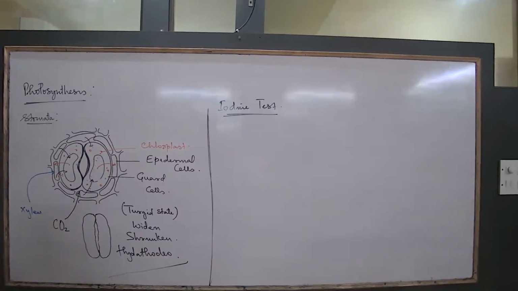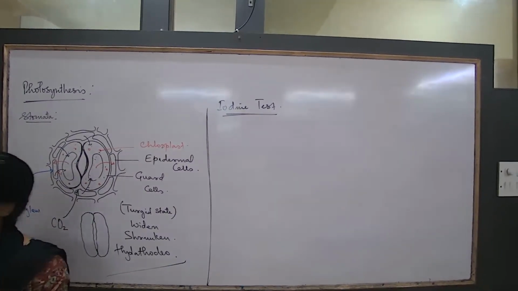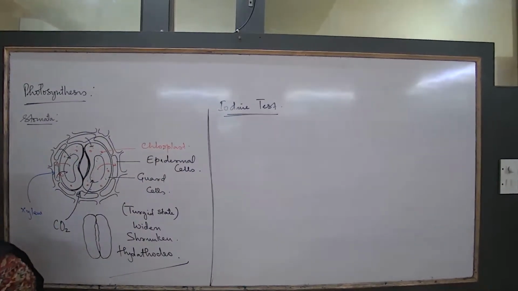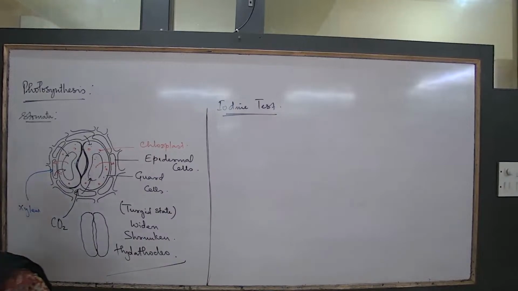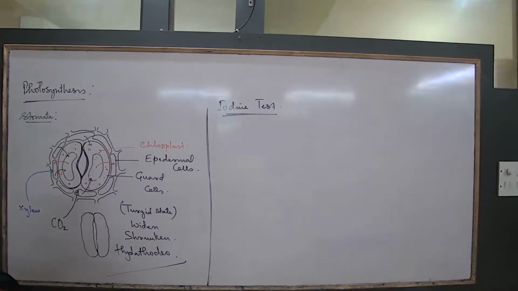After that, take out the leaf and keep under the sunlight for how much? 6 to 8 hours minimum. उसके बाद क्या करना है? Take one leaf and go for the iodine test. So what are the 4 steps? First step में क्या करेंगे? Boil in water to kill the cells. Second, boil in alcohol to remove chlorophyll.